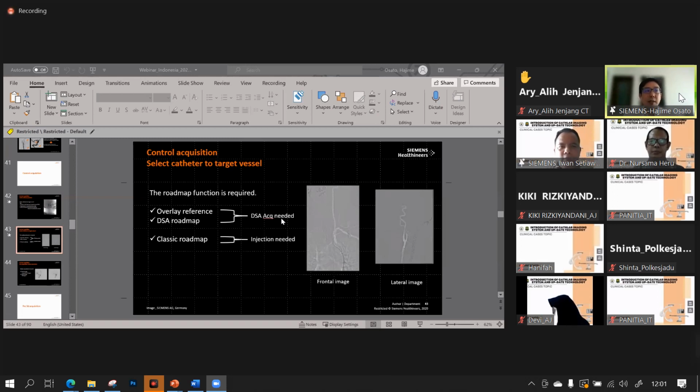But one solution for the motion artifact is that we have motion artifact correction for reconstruction. It is available for the subtracted image and also the native image.